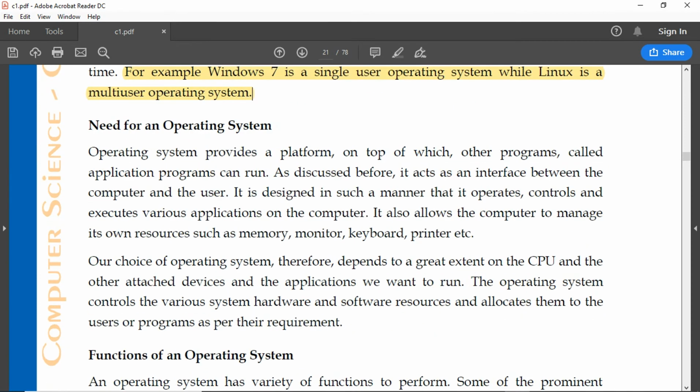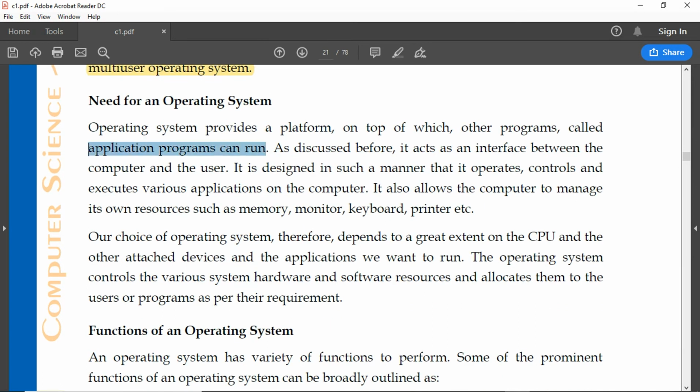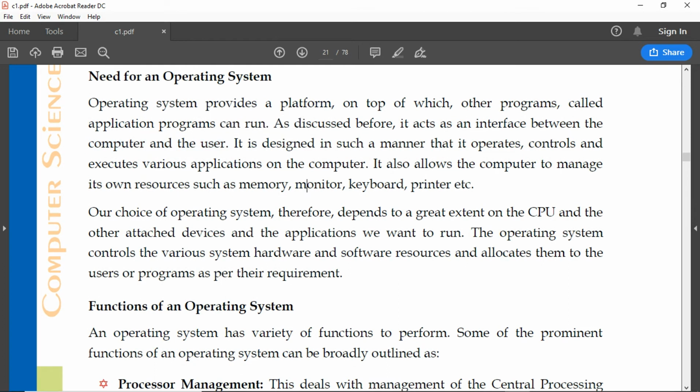Need for an operating system. Operating system provides a platform, on top of which, other programs, called application programs can run. As discussed before, it acts as an interface between the computer and the user. It is designed in such a manner that it operates, controls and executes various applications on the computer.